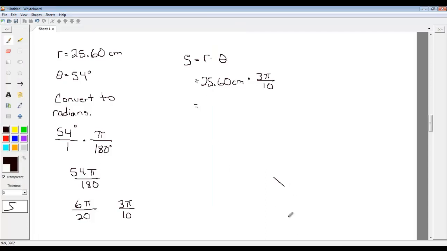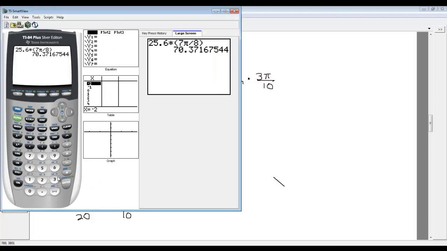So we'll do 25.6 times 3 pi divided by 10. And with 4 significant digits, we get 24.13.